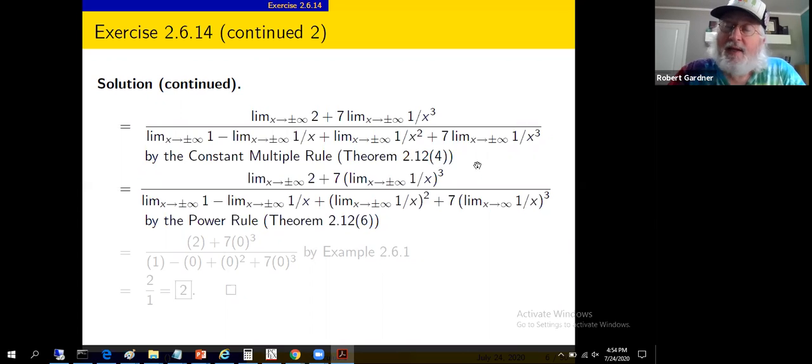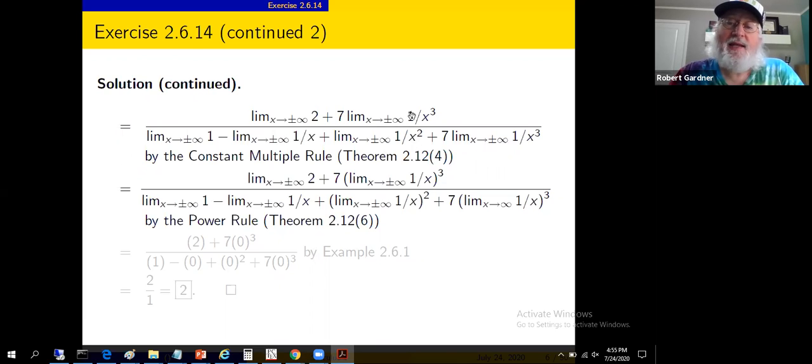Trying to get limit of 1 over x. Do you have that? There's one of them. So I'm happy with that one. I got a 1 over x cubed here, and a 1 over x squared there. Well, we can deal with that. We can use the power rule, which says the limit of 1 over x cubed is the same as the limit of 1 over x, cubed.